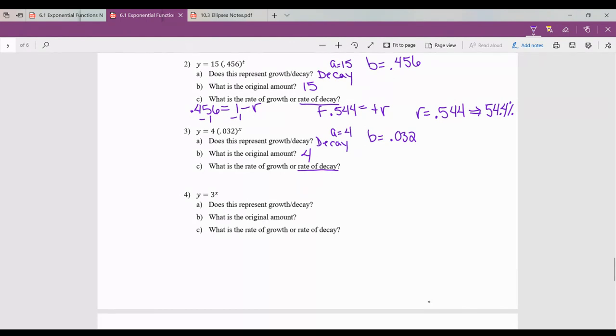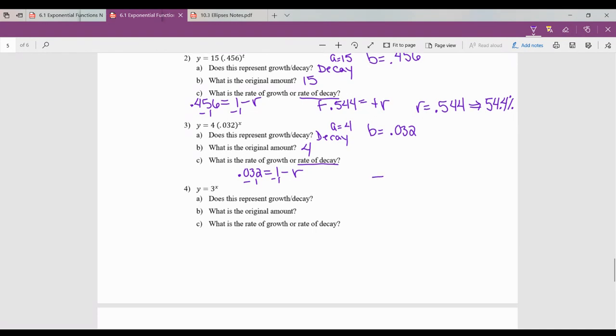So it's going to be 1 minus R, and we set that equal to my B, which is 0.032. We're going to minus 1 to solve for my R, so 0.032 minus 1. So we get negative 0.968.